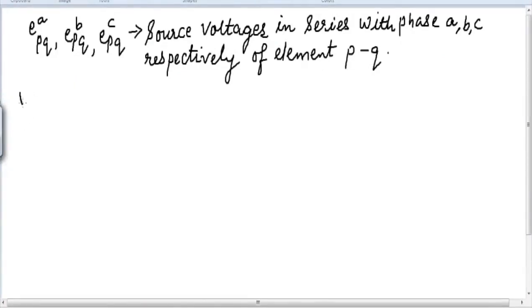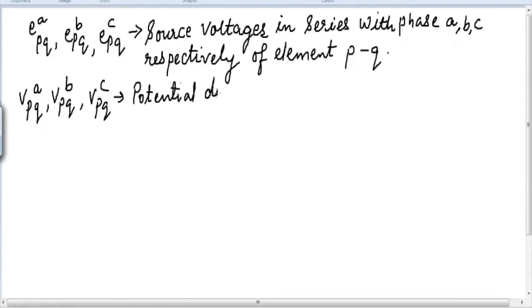Similarly, we will write here what is V_PQA, V_PQB, and V_PQC. So what is V_PQA? Let us write here V_PQA, V_PQB, and C. These are nothing but the potential differences across elements P and Q for A, B, C phases. We have to remember all these nomenclatures.